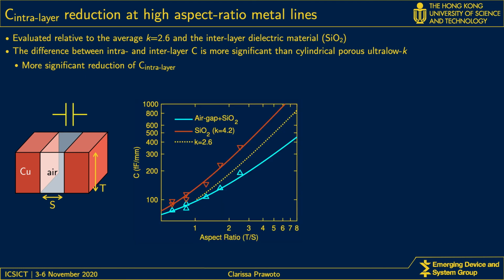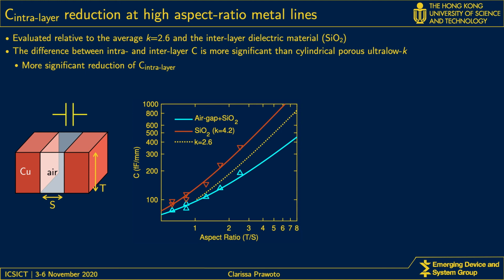This can be seen from the capacitance versus aspect ratio plot. The symbols are measurement results and the lines are projections. The isotropic case, intra-layer K equal to interlayer K, is shown by the dotted line. This is by assuming K equals 2.6, which is the average.